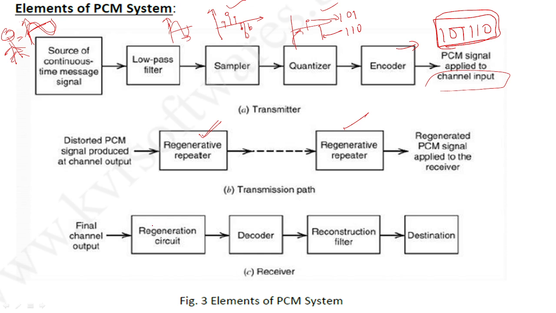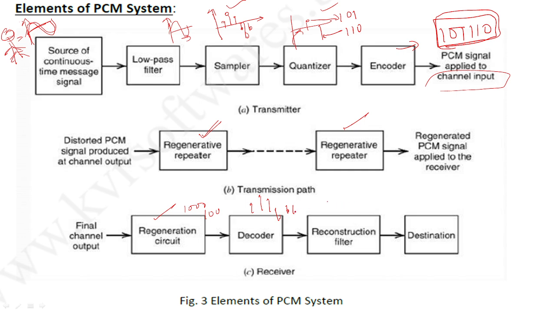At the receiver end you can see that we again regenerate the signal, and here the decoder function, as we know, converts it into the original signal that you transmitted.